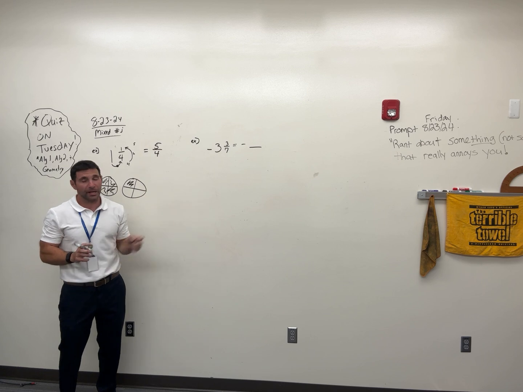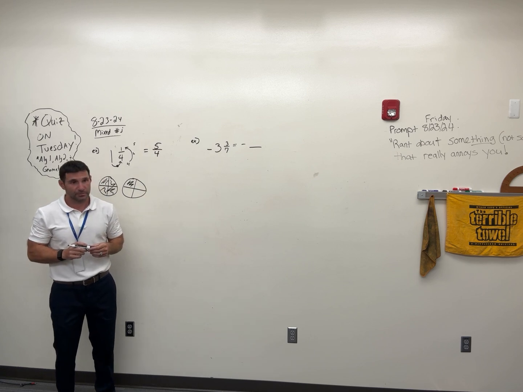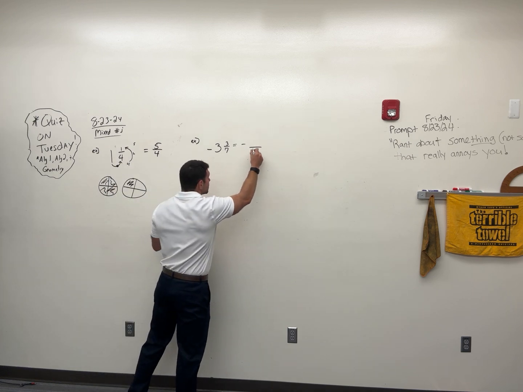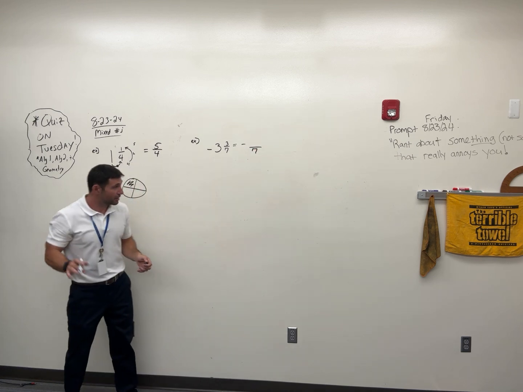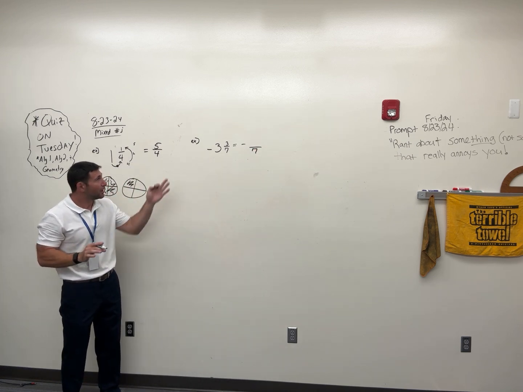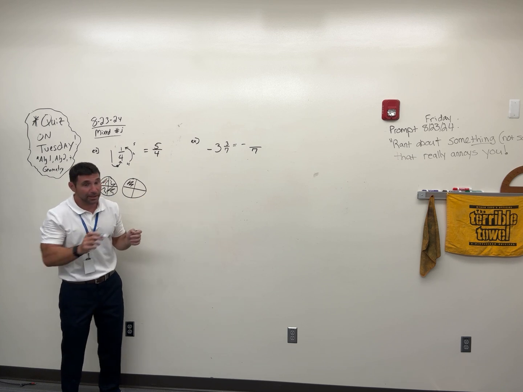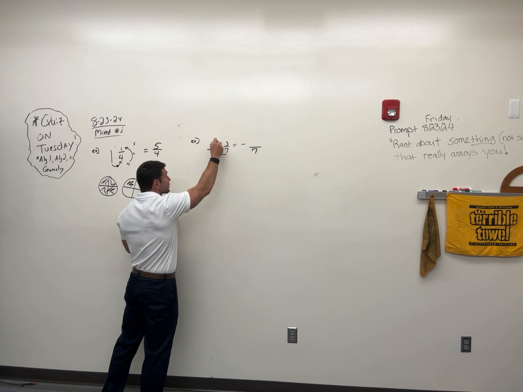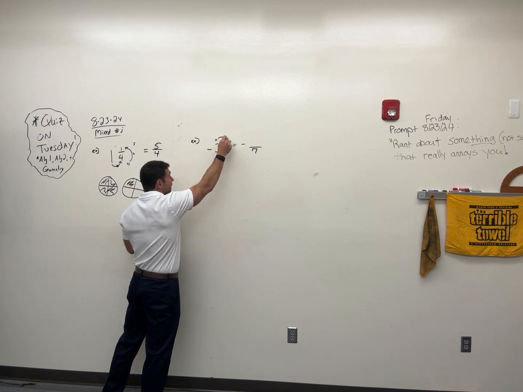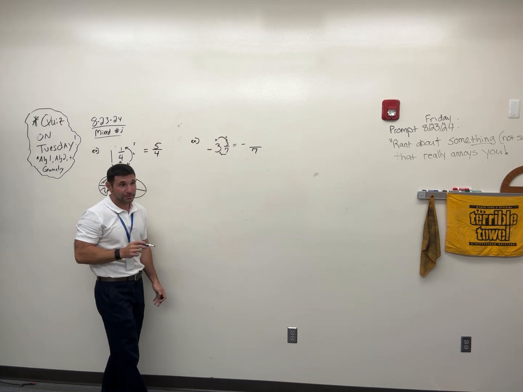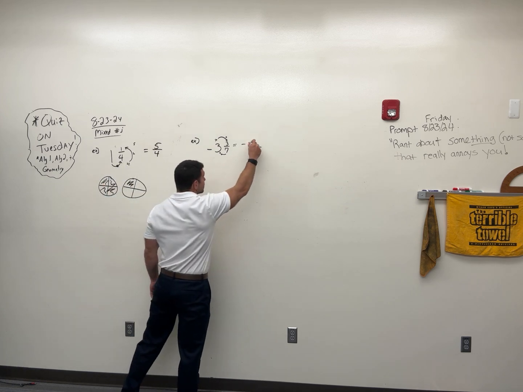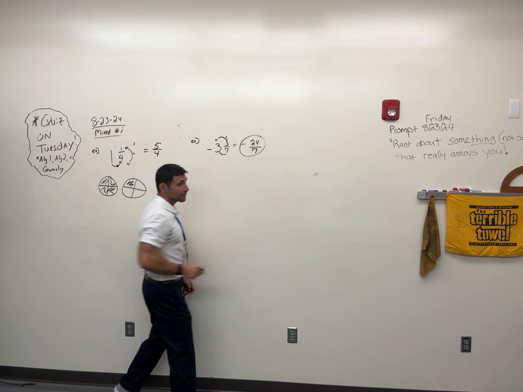What's the denominator going to be? 7. That doesn't change. So now, just to make everybody happy, I'm going to multiply and go this direction. I'm going to take 7 multiplied by 3, and I get 21. Then I take 21 and add it to 3, which is 24. So now I have a fraction that's -24/7.